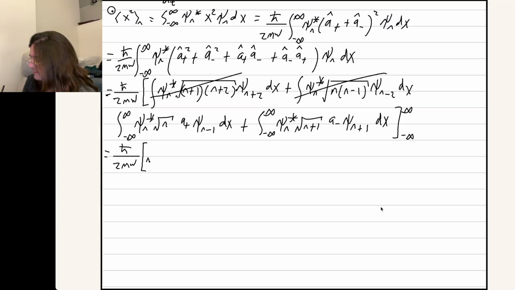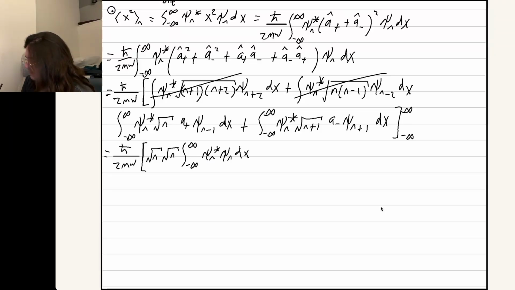But in here we have a root n, and now acting the raising operator on psi n minus 1, we'll get another factor of root n times the integral of psi n with itself, plus a couple of factors of n plus 1 times the integral of psi n with itself.